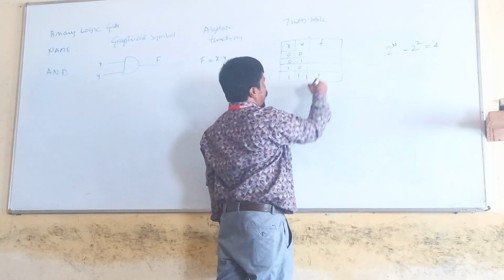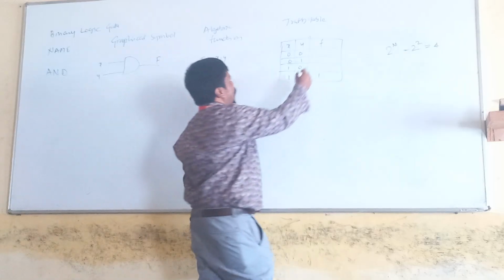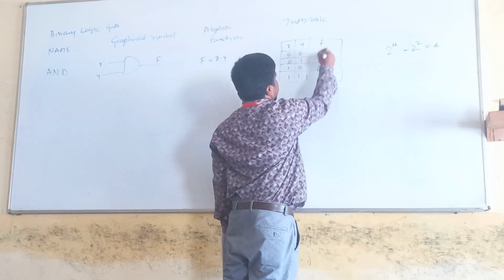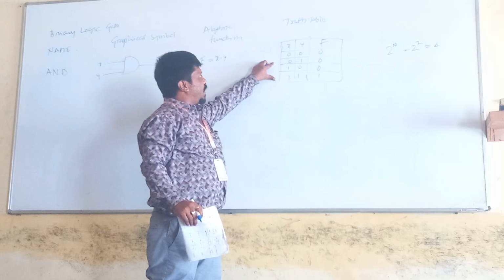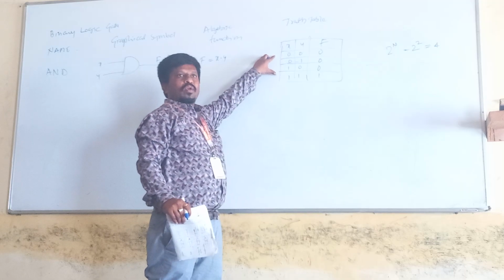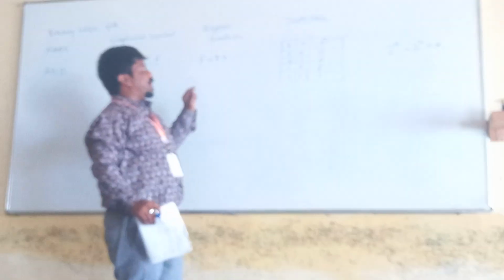When both inputs are 1, 1, the output is 1. Otherwise it's 0. Simply: if two inputs are on, then only the output is on. You should remember. I hope you all follow this.